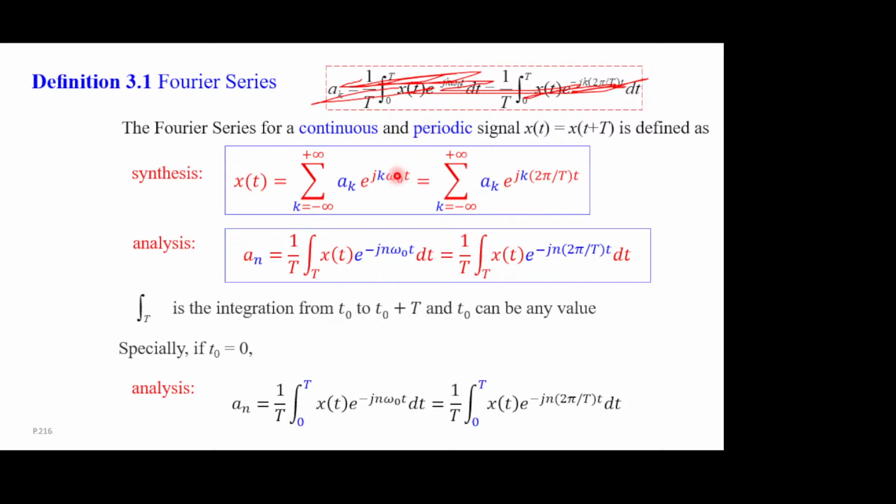So we want to express x of t in terms of a summation of harmonic complex exponentials. If we have a whole bunch of ak, then we can write x of t as the summation from k equals minus infinity to plus infinity of ak e to the jk omega naught t, where omega naught is 2 pi over T. And those are called the synthesis equation of the Fourier series.